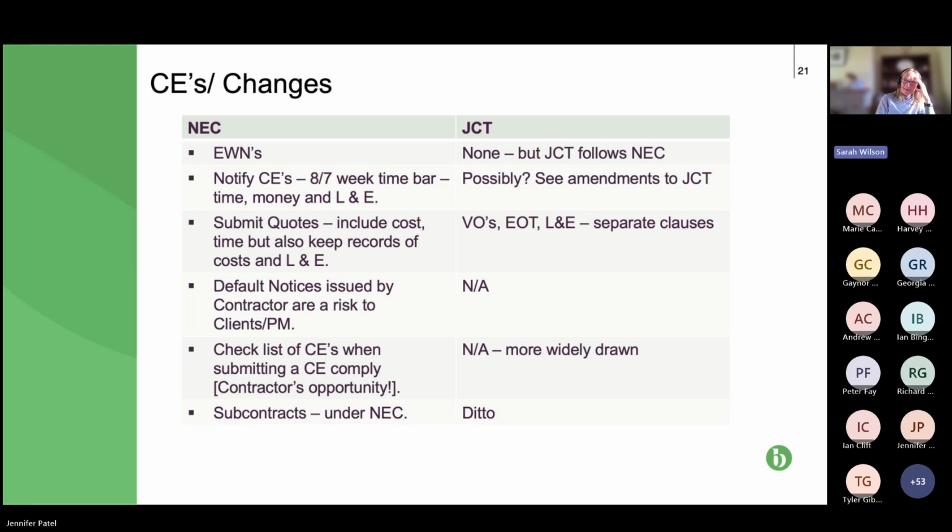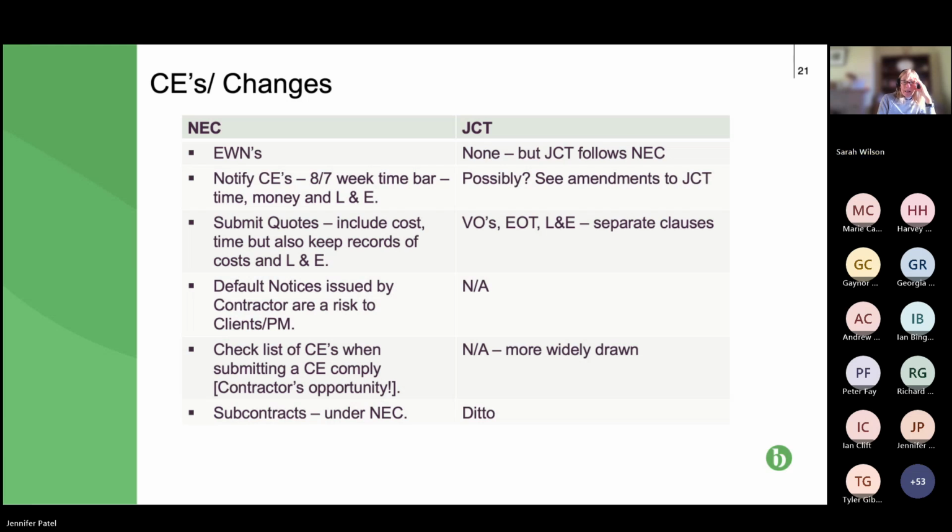So you're quoting today on site for work, extra work or interrupted work via a compensation event that you are going to be doing in, say, the next few weeks. It's not a case that you've completed the work, you've left site and you are now providing quotes. Under the contract, that is too late.